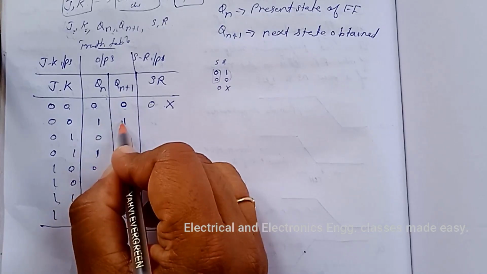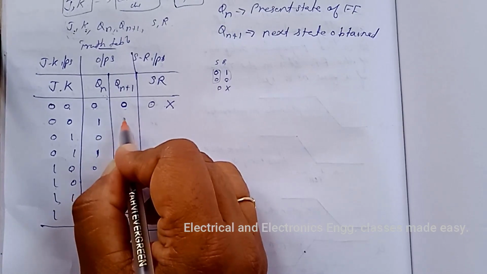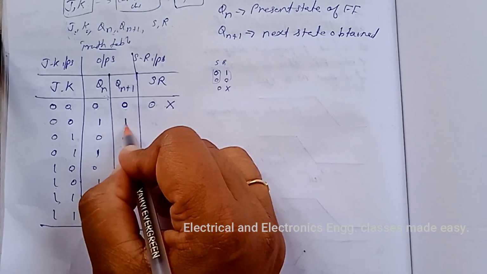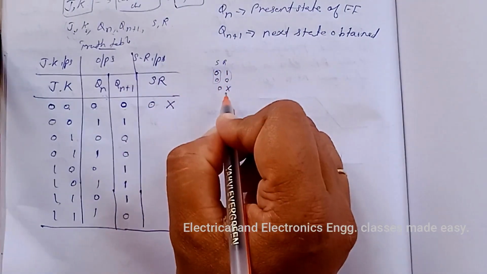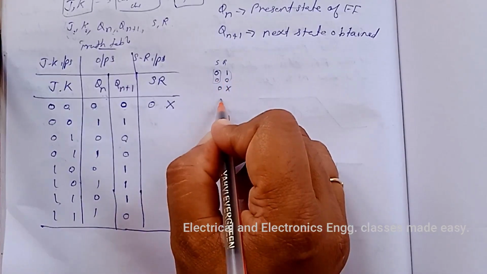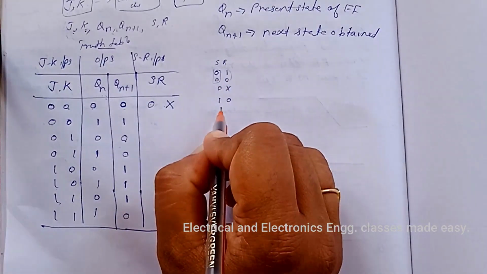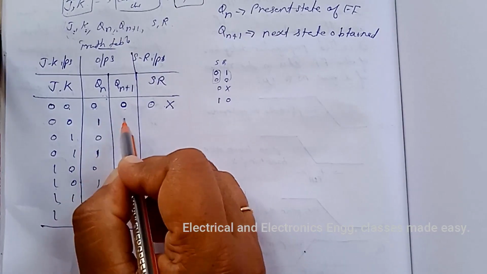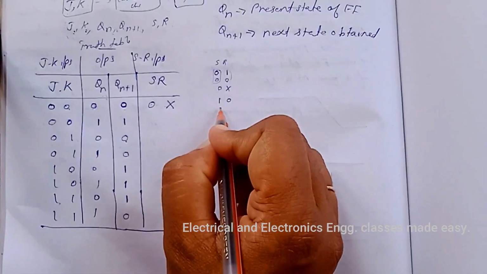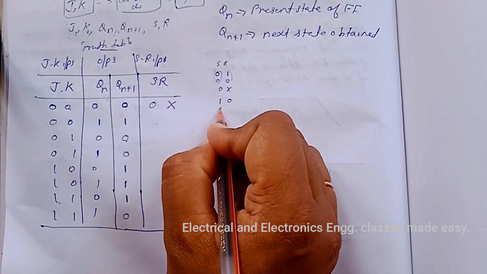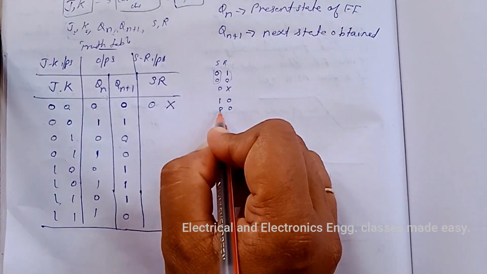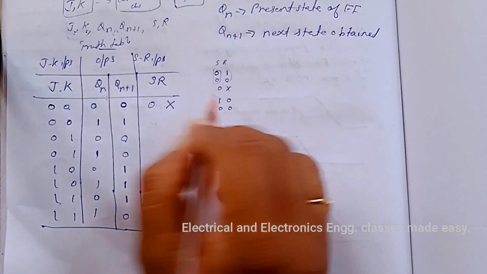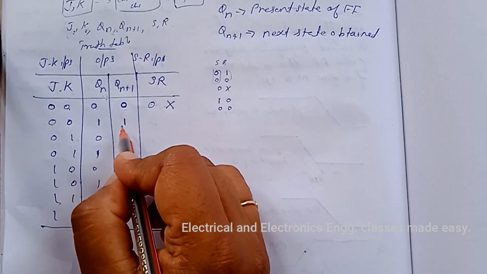Next is 1 1. So this 1 is the output to be obtained. To get this 1, the possible combinations of S and R are 1 0, and here this is 1, that is no change. To obtain no change, here 0 0, while giving S and R as the inputs 0 0, the output will not change.